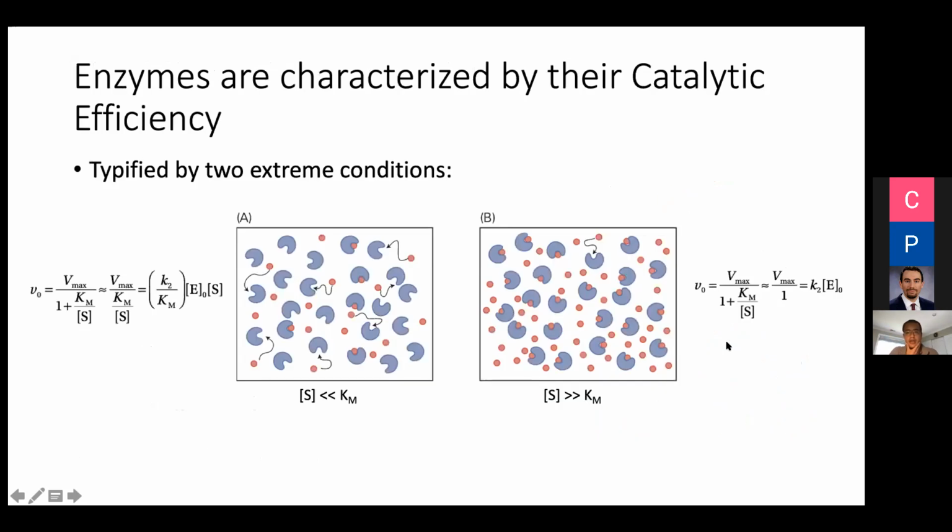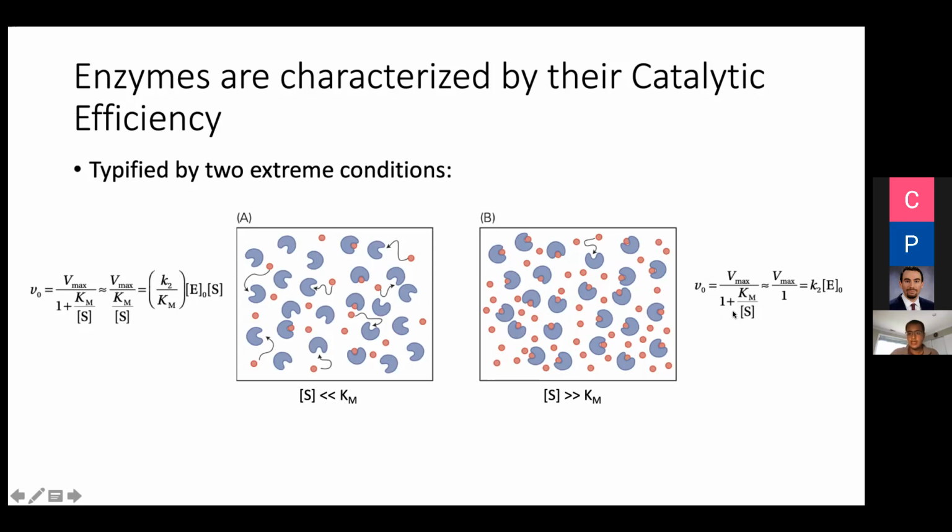And so why is this model useful? Well, we can characterize enzymes based on their catalytic efficiency. So what is the catalytic efficiency? I'm going to explain this concept by using these two extremes. I'm going to first start with when the substrate is in large excess of the Michaelis-Menten constant.